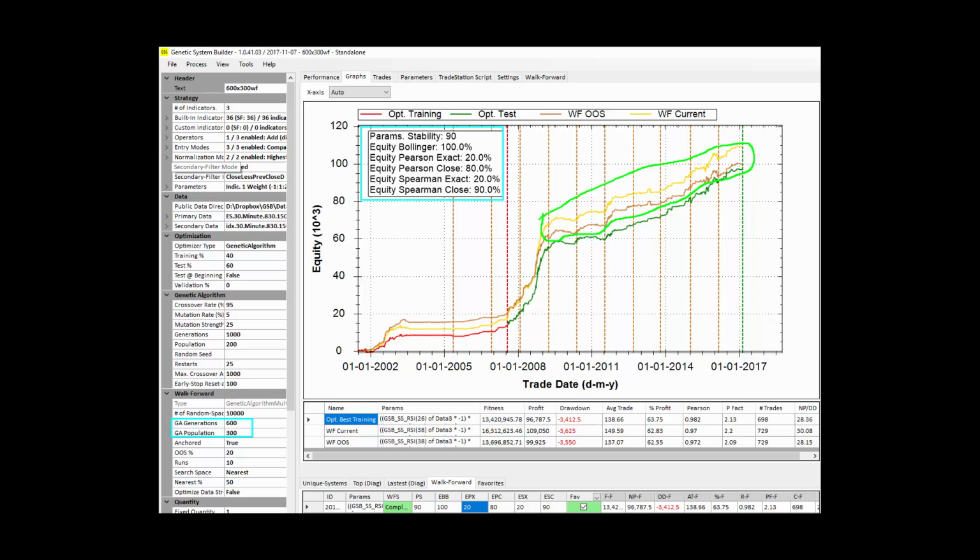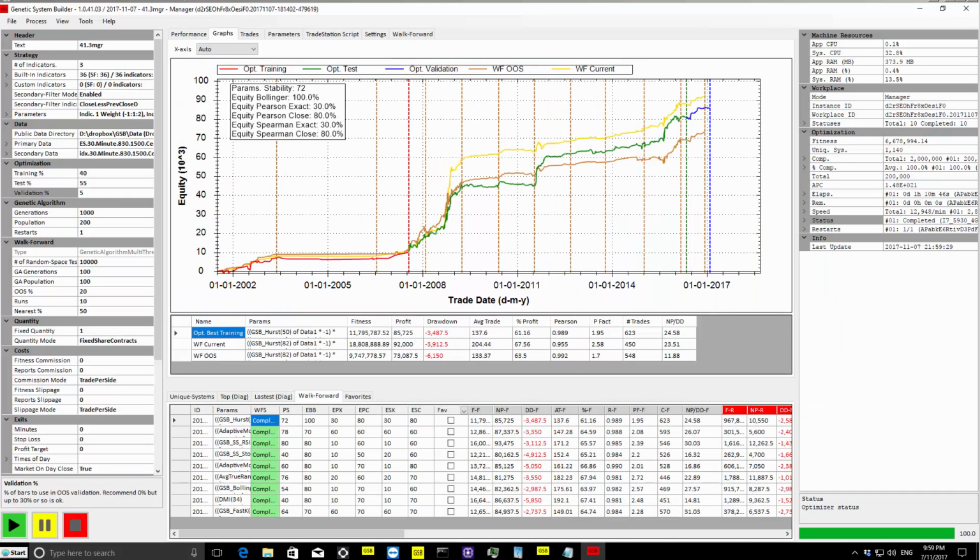The exact Pearson's and Spearman is not close, and that might actually be an issue with the current version of GSB. This is still quite experimental, but you can also see that the close settings for Spearman and for Pearson's are at 90% too. So that can give you an option to search on a large number of walk forwards that you've performed, just to quickly isolate which ones are likely to be worth pursuing.